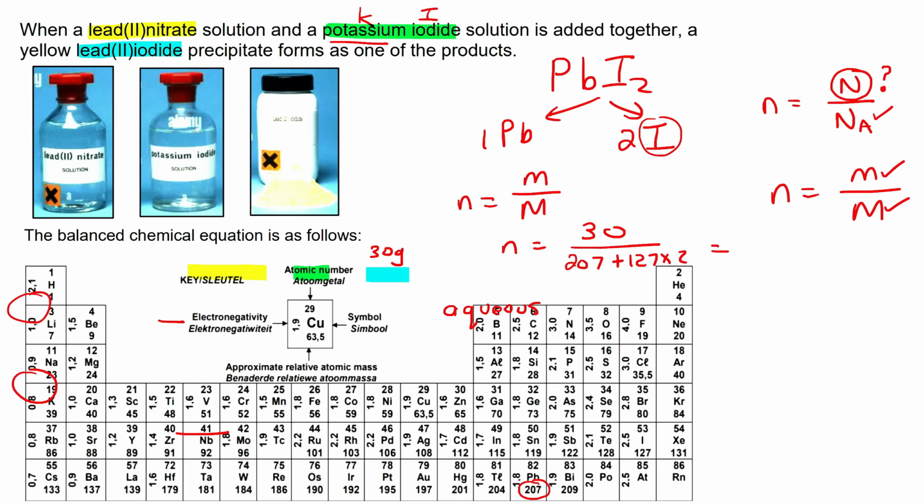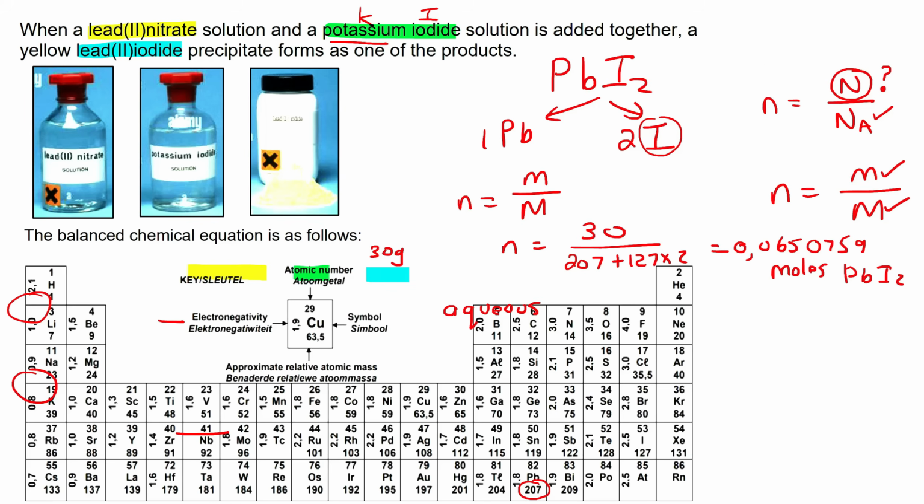Okay, and if we had to work this all out, we don't want to round off just yet, so we should end up with 0.0650759. Okay, that is the moles of PbI2. So we now have the n of PbI2.